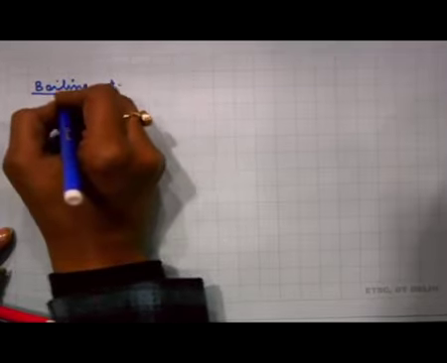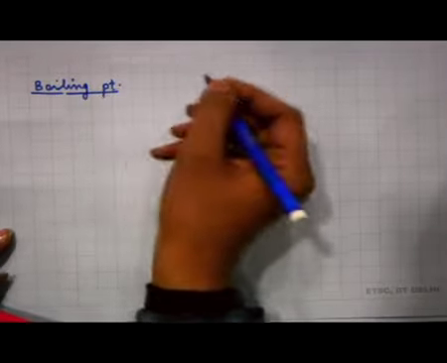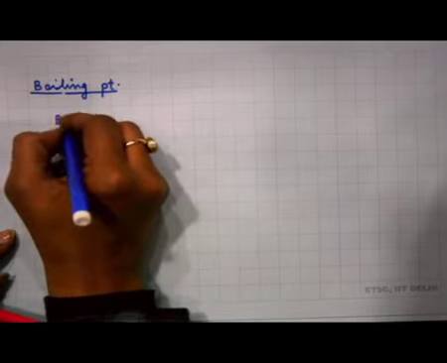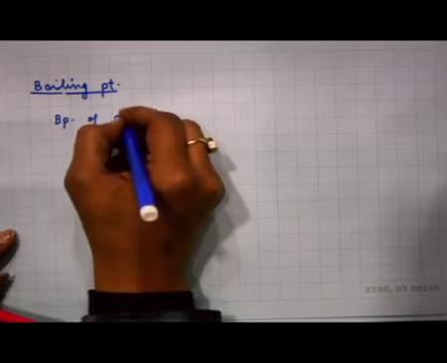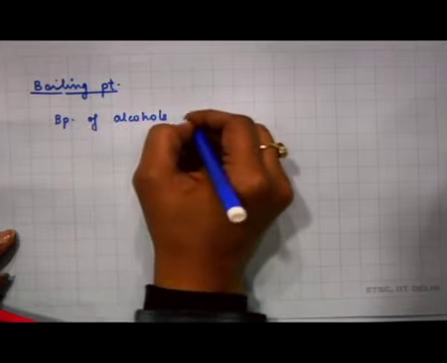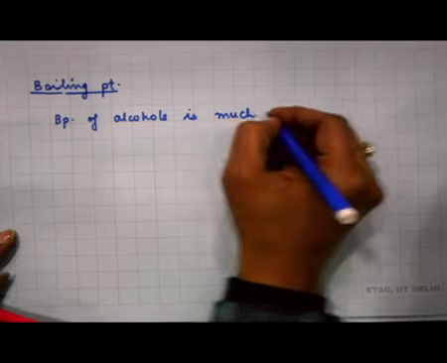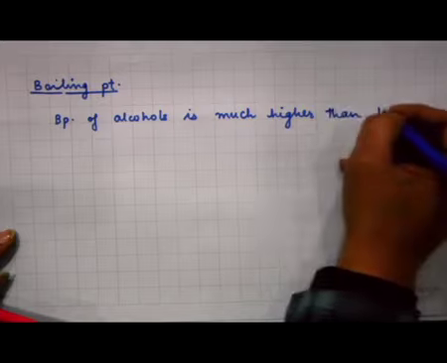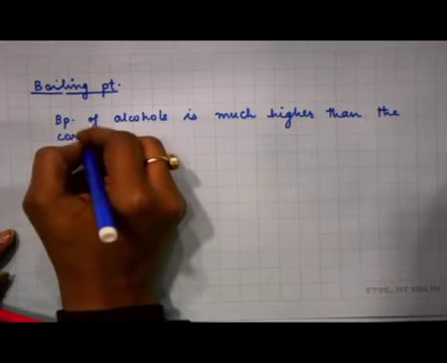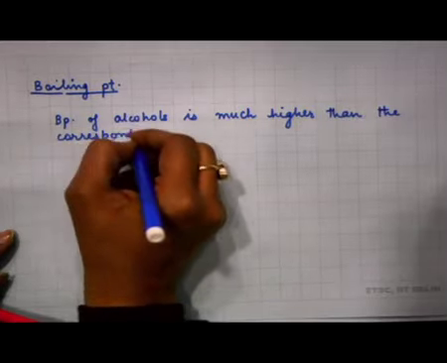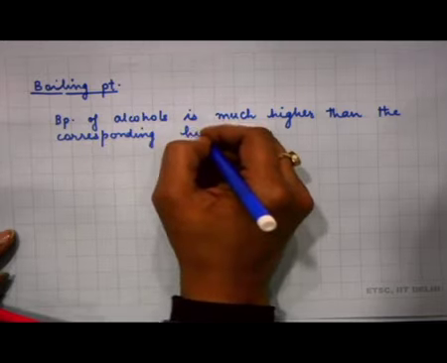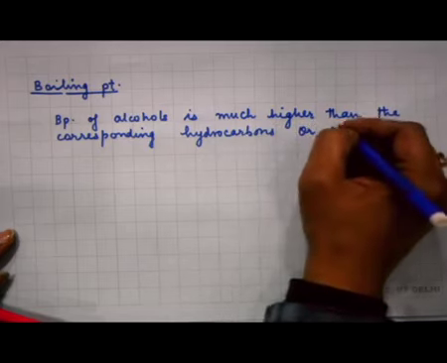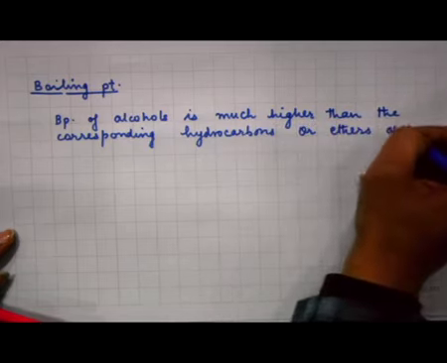If we compare the boiling point of an alcohol to that of a hydrocarbon or a corresponding ether for that matter, we say that the boiling point of the alcohols is much higher than the corresponding hydrocarbons or ethers of the same molecular weight.